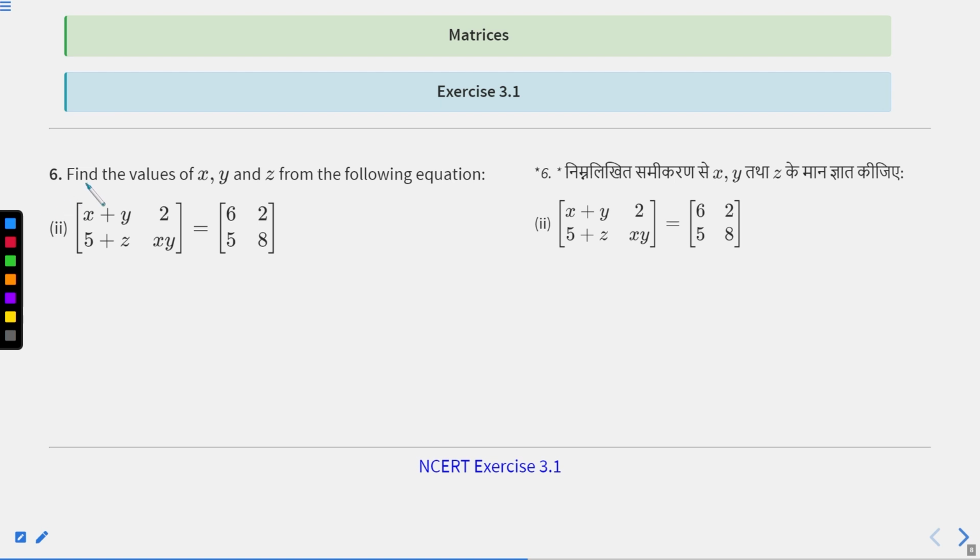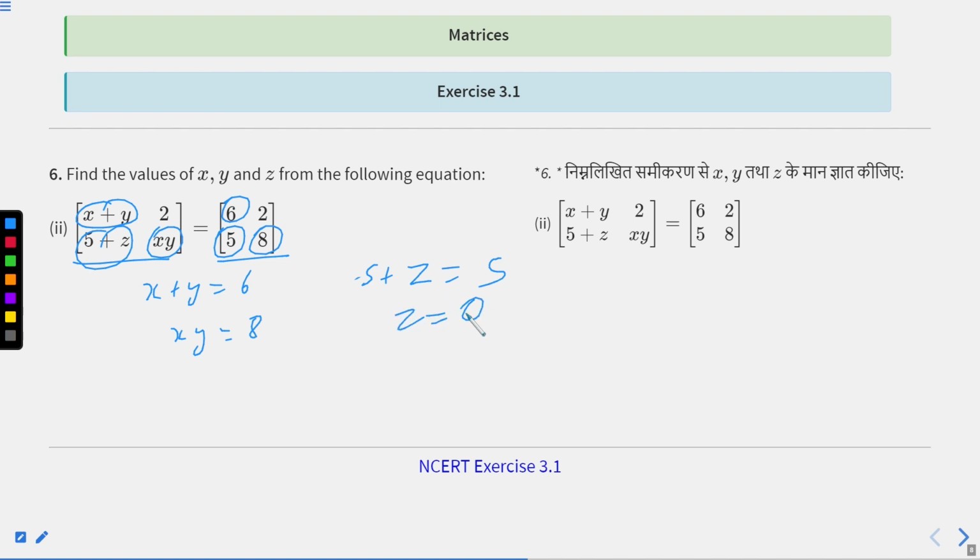Okay. So find the values of x, y, z from the following equation. So simple. We have two matrices equal to each other. This means their corresponding elements must be the same. So this must be the same as 6 and this product must be the same as 8 and this must be the same as 5. So 5 plus z is equal to 5. So the z value must be 0 as you can see. Now you are only left with this.